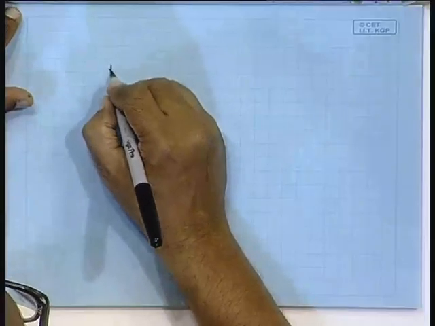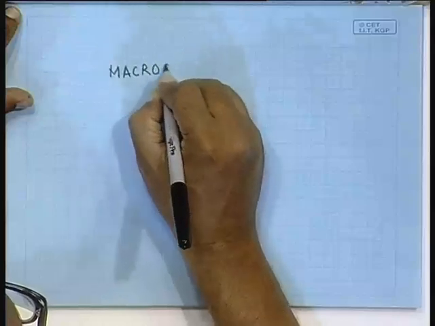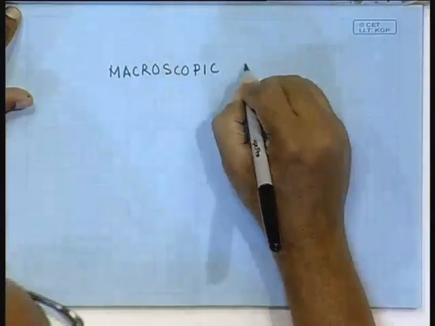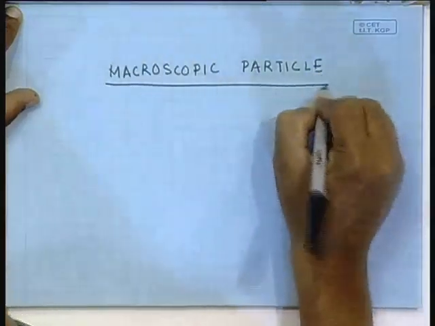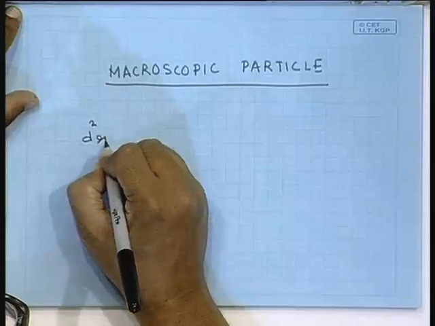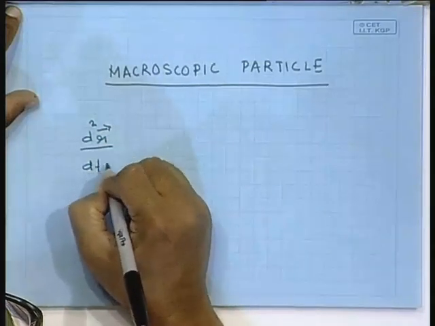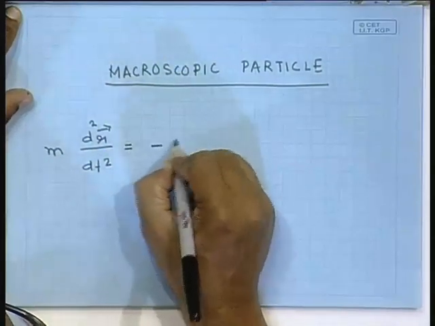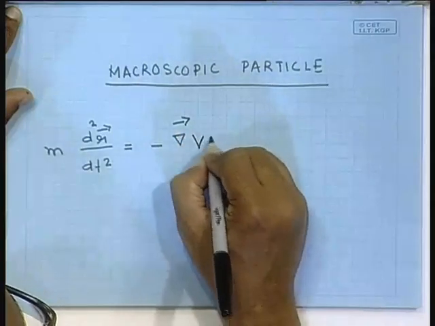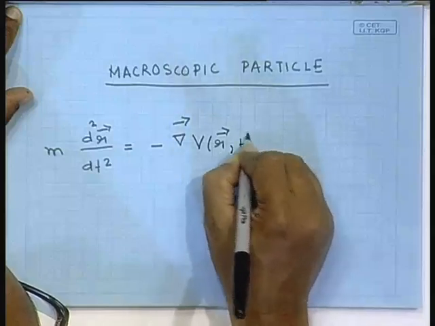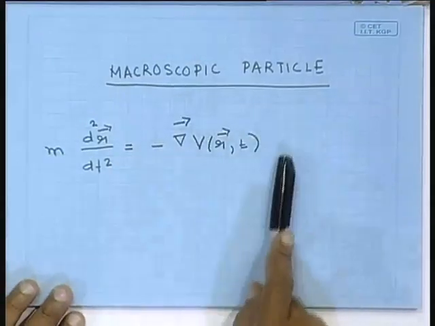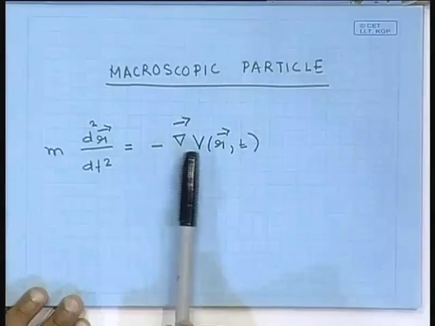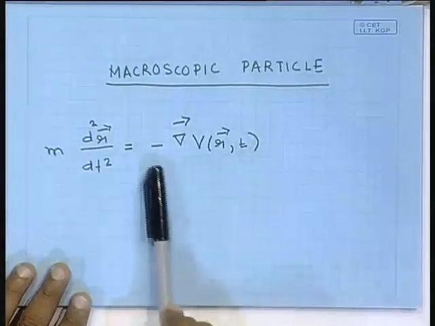For a macroscopic particle, say a cricket ball or something like that, under the influence of an external force, if the force could be represented in terms of a potential, if it were a potential force, then usually the force is minus the gradient of the potential.